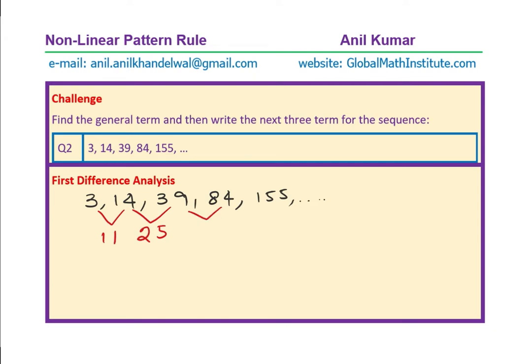From 84, if I want to take away 39, I can take away 40 first and then add 1, so we get 45. And from 155, take away 84, we get 71.